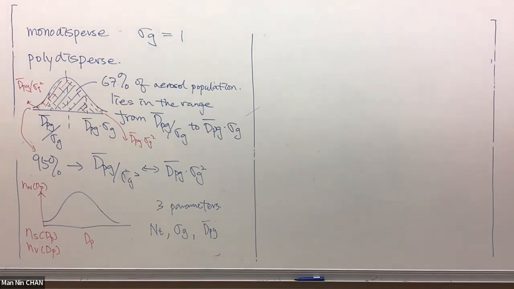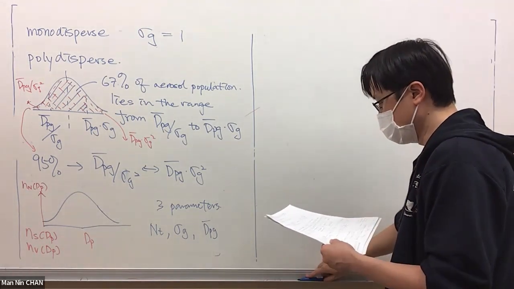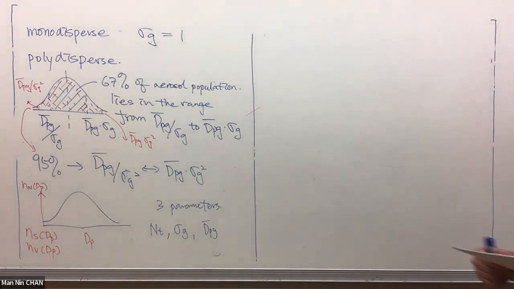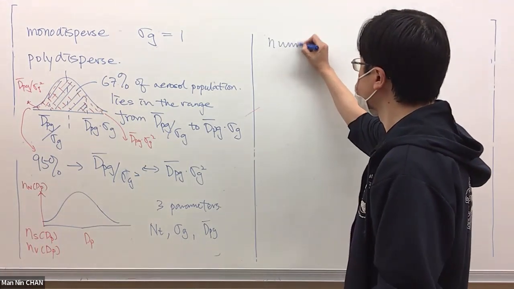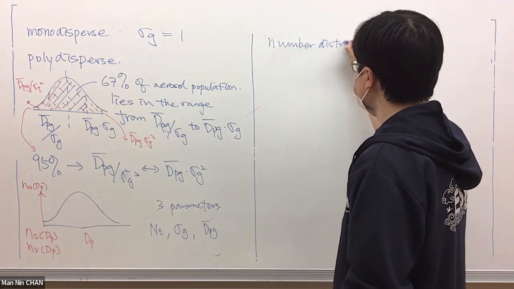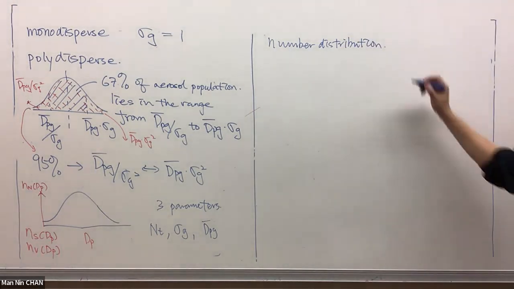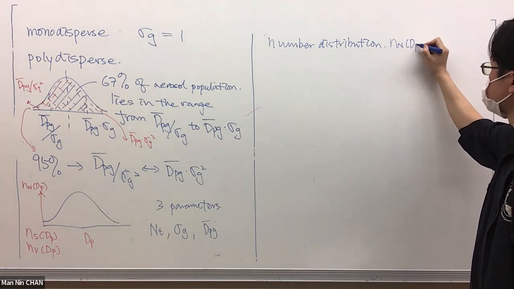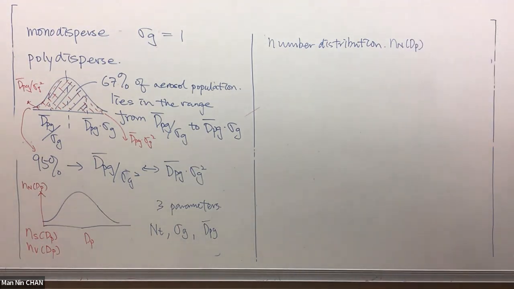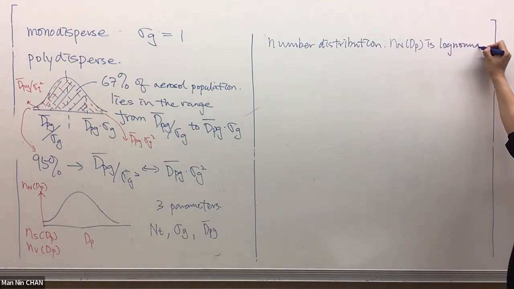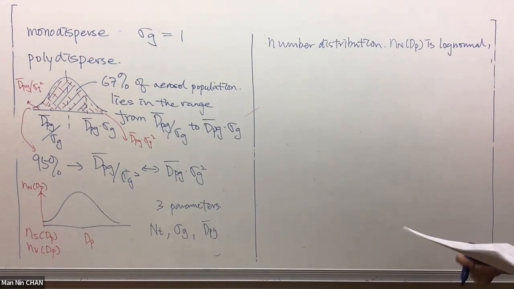Because this is just some statistics, we don't go into details, but for your quick reference, in case your number distribution is log normal, your surface distribution and your volume distribution will also be log normal.